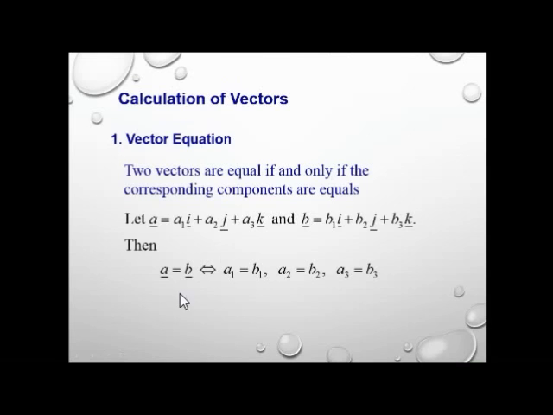If you want A and B to be equal, then all the coefficients of i, j and k should be equal. That means A1 should equal B1, A2 should equal B2 and A3 should equal B3. If this condition prevails, then we can say that these two vectors are equal, because all of their corresponding components are equal.